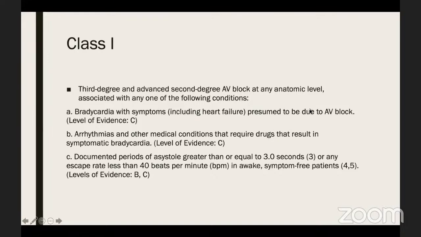The third degree and advanced second degree AV block at any anatomical level associated with any one of the following conditions: bradycardia with symptoms, including heart failure, presumed to be due to AV block; arrhythmia and other medical conditions that require drugs that result in symptomatic bradycardia; documented periods of asystole greater than or equal to 3 seconds, or any escape rate less than 40 beats per minute in awake, symptom-free patients.